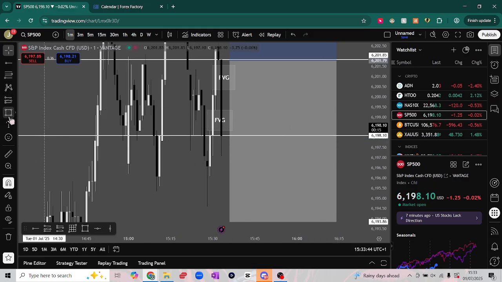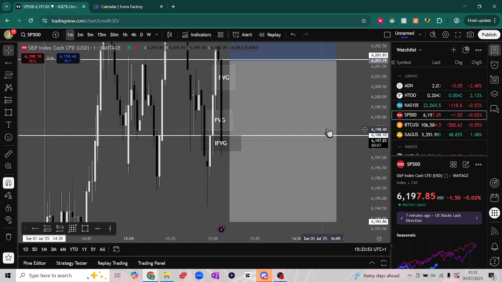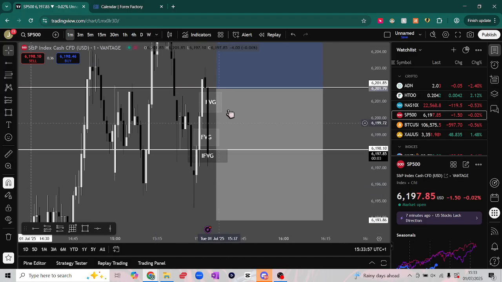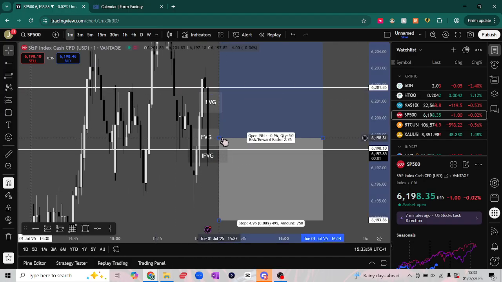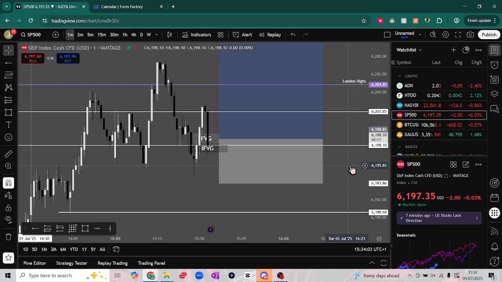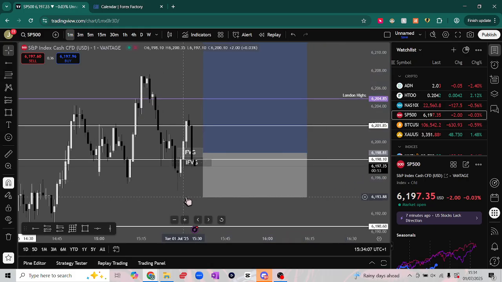Yeah, so we hit our fair value gap, and we've also hit an inverse fair value gap, which is really good. Now, hopefully we can get a positive reaction off of these. And if we do, I will enter the trade. I'm just going to get on my MetaTrader 5.